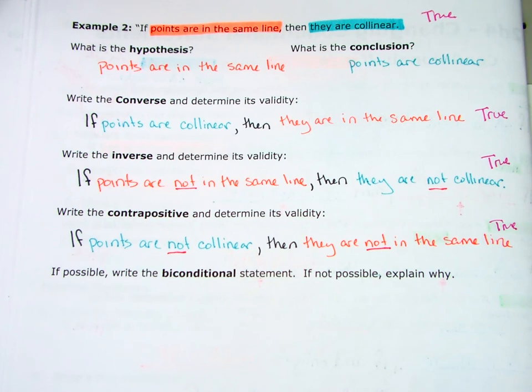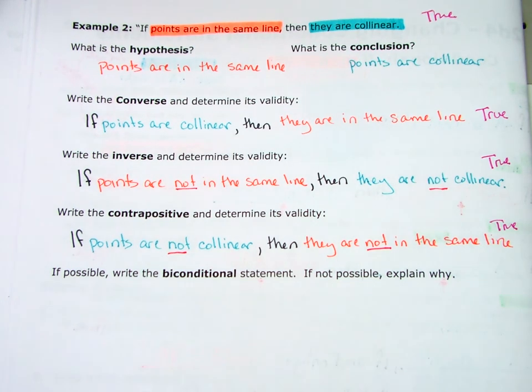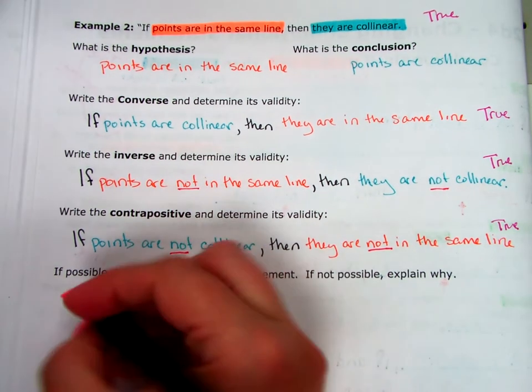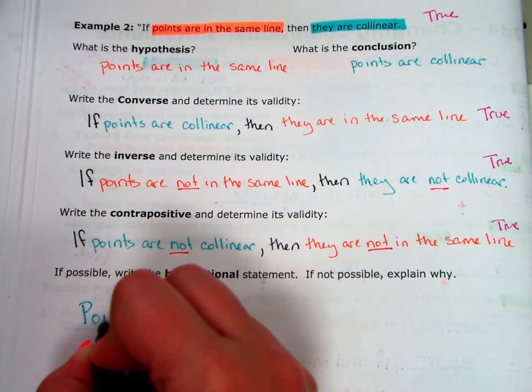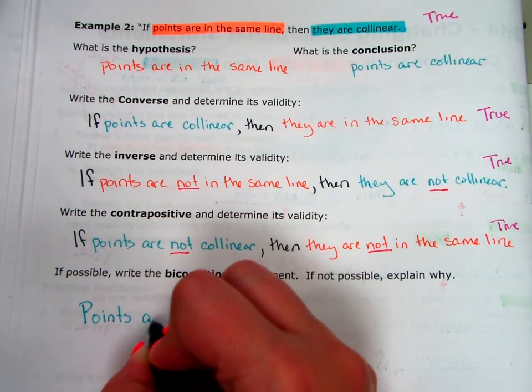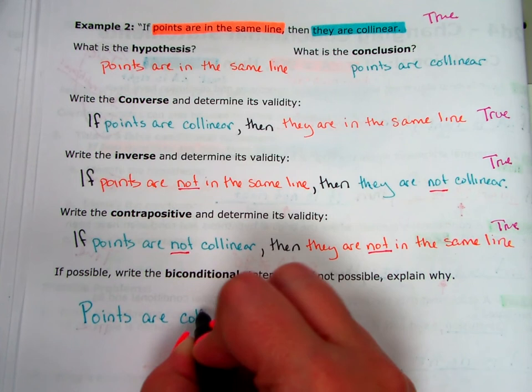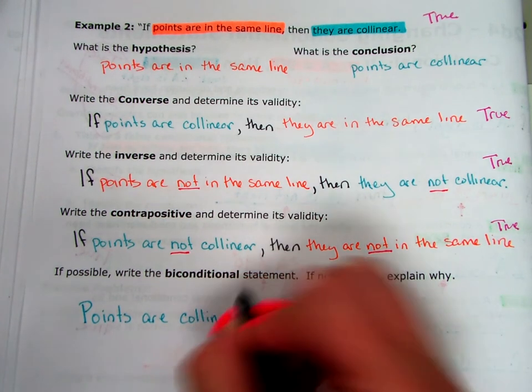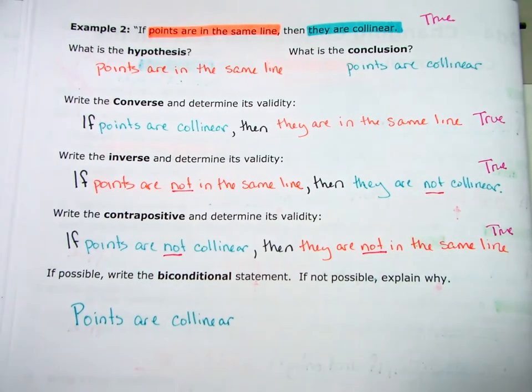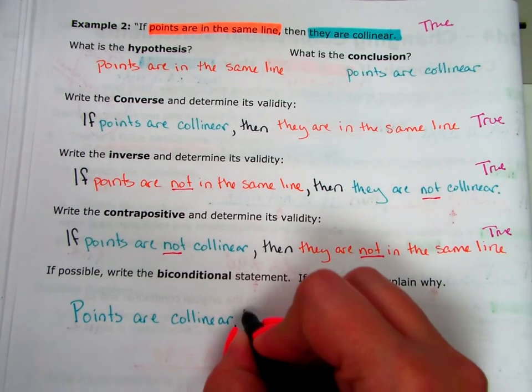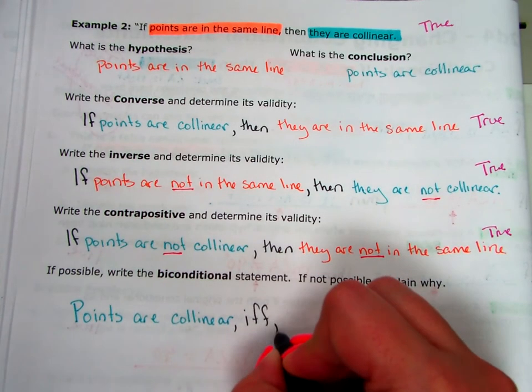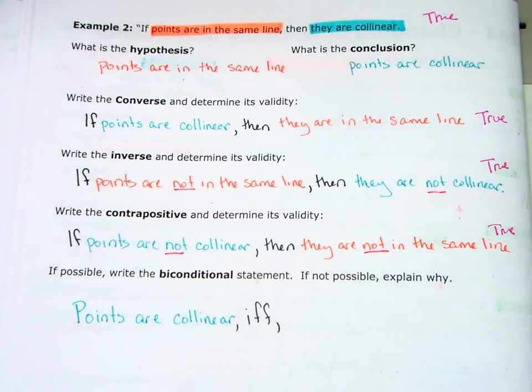Should I start with my hypothesis or my conclusion? What's my conclusion? Points are collinear. Notice I'm not going to put the word if. I didn't need to put the word if there because there's already 2 of them right here. I don't need any more. That's enough ifs. If and only if, my hypothesis.